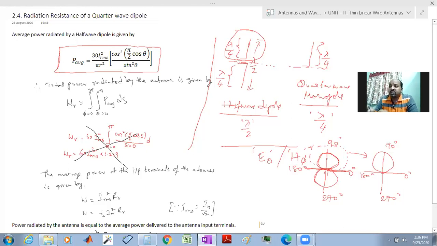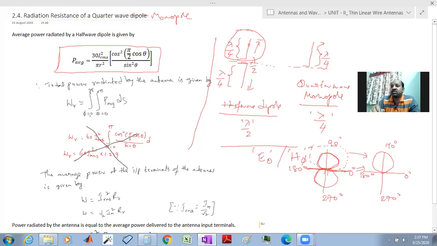So the radiation pattern of the quarter wave monopole is half of the radiation pattern of the half wave dipole. And coming to the radiation resistance, it is a monopole, not a dipole.